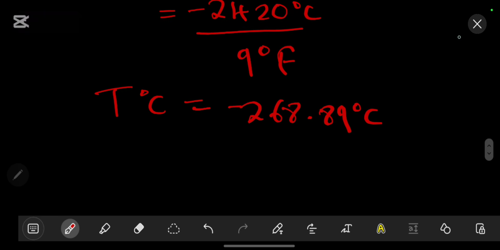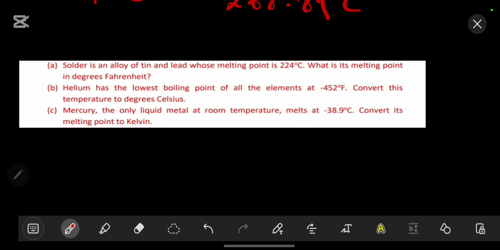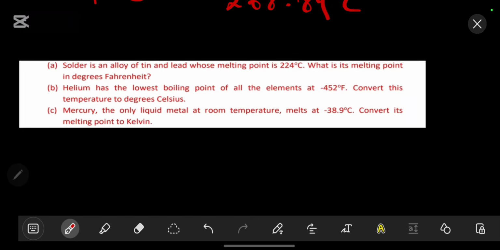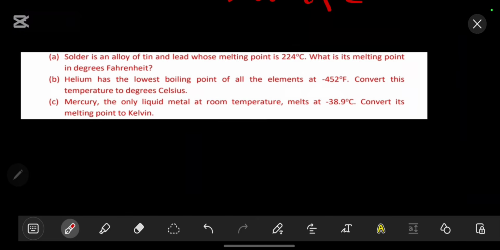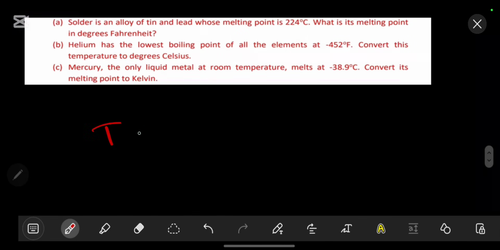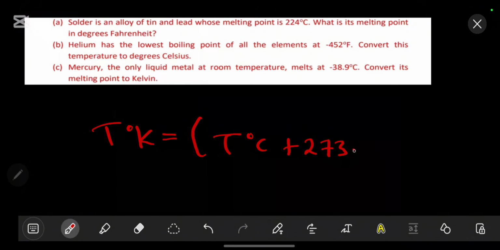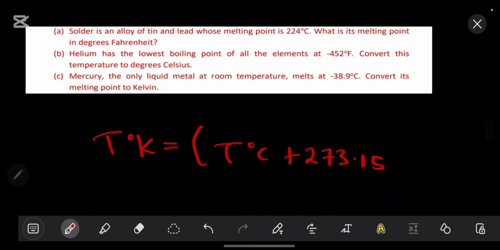Let's look at our last question. It's saying that mercury, the only liquid metal at room temperature, melts at negative 38 degrees Celsius. Convert its melting point to kelvins. So converting to Kelvin means our temperature in degrees Kelvins should be equal to our temperature in degrees Celsius plus our 273.15, like that.